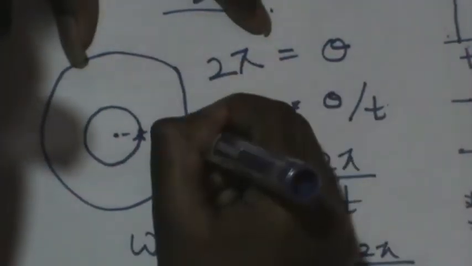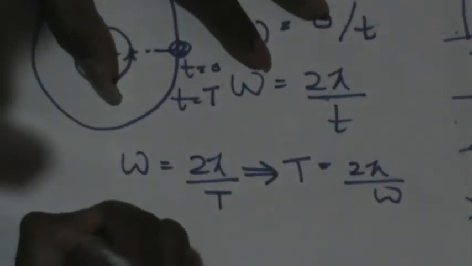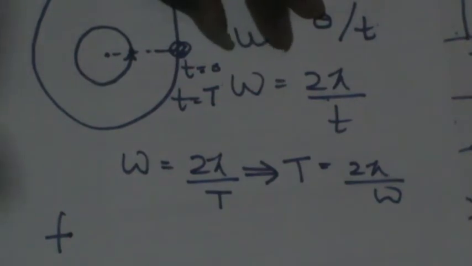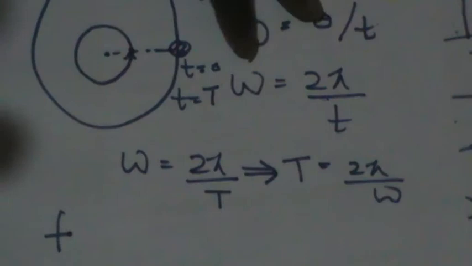Now the frequency of a rigid body going around in rotational motion, if I take it as f, is the number of cycles it makes around the center within a given unit of time.